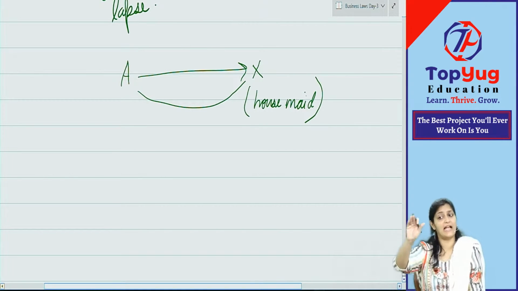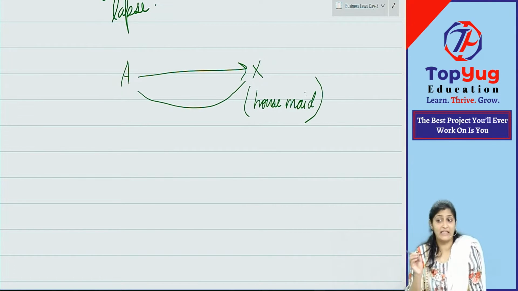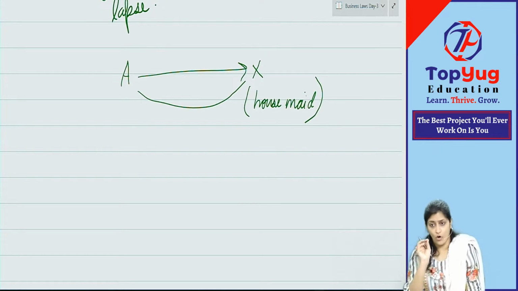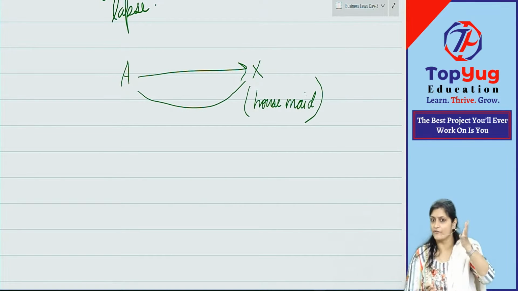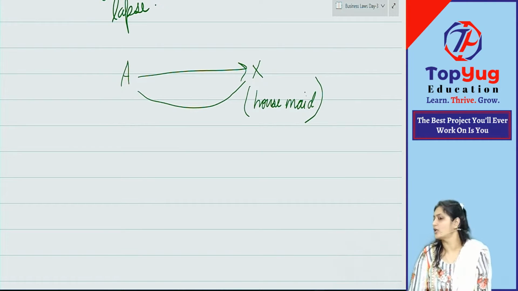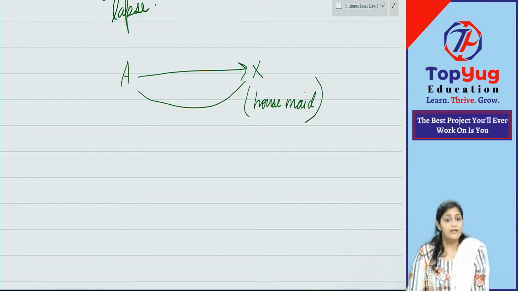I will see your work, then I'll pay you the price which is good enough. In that case, is this a clear offer? What is missing? What confusion is the other party having? What price will this person give me? 5,000, 6,000, 7,000, 8,000? Is there any confusion in the minds of the party? Yes. Therefore, this is not an offer for a contract.